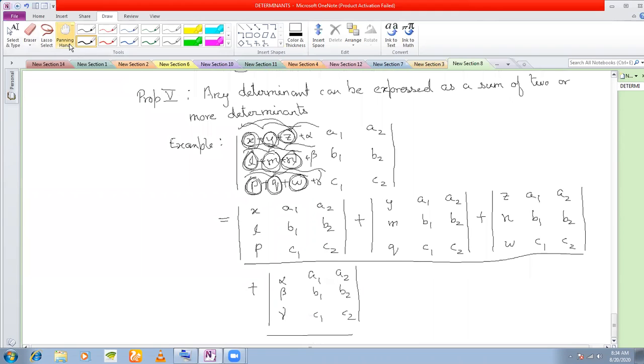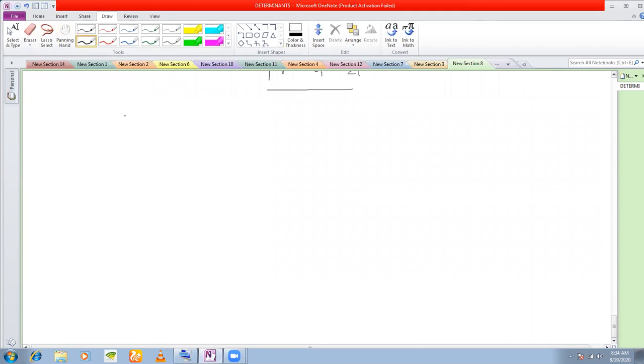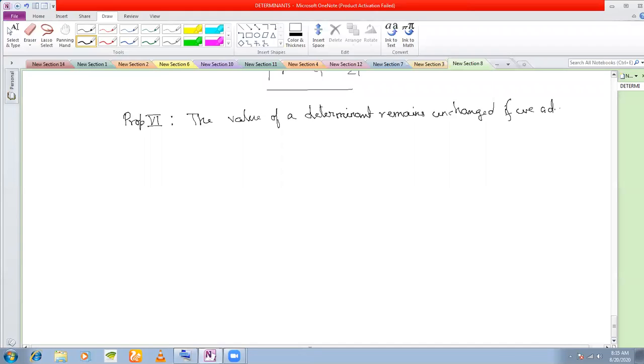Property 6. The value of a determinant remains unchanged if we add a scalar multiple of any row or column.